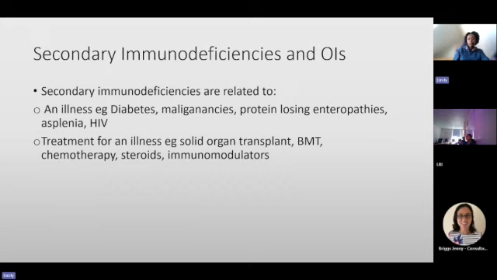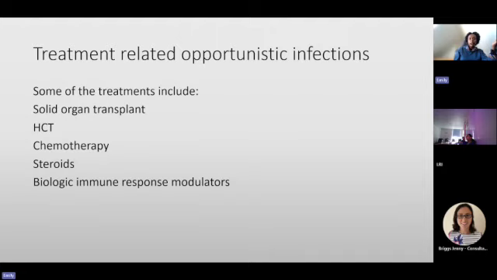And the treatment here, we're talking about things like solid organ transplant, hematopoietic cell transplant, chemotherapy, steroids, biologic immune response modulators. All this results in secondary immunodeficiencies that lead to opportunistic infection. So what I'll do, I'll look at the secondary immunodeficiency, the treatment-related opportunistic infections.